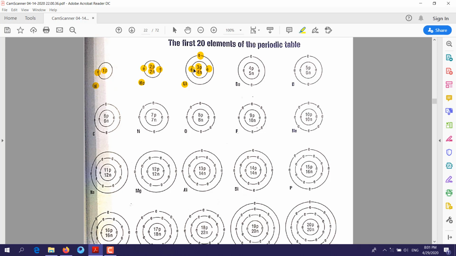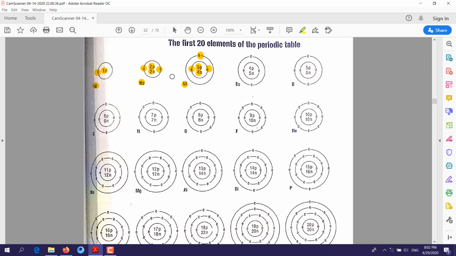We draw two electrons on the first orbit, and the third electron we draw on the second orbit. So what does that mean? It means each orbit can carry a specific number of electrons. The first orbit can carry up to 2 electrons, meaning a maximum of 2 electrons.